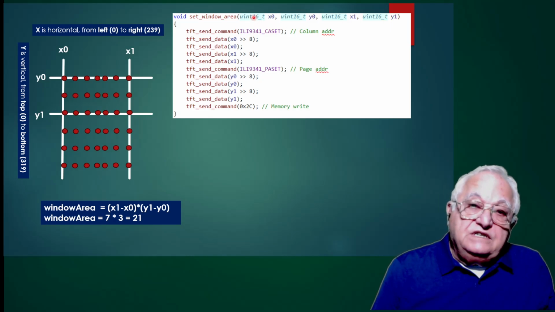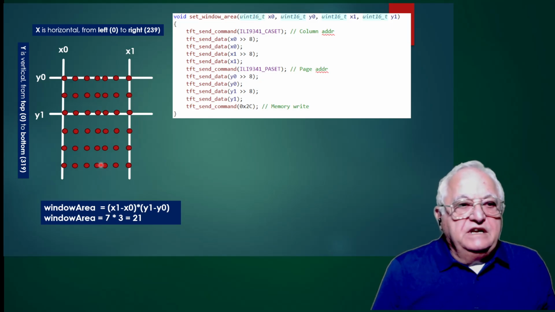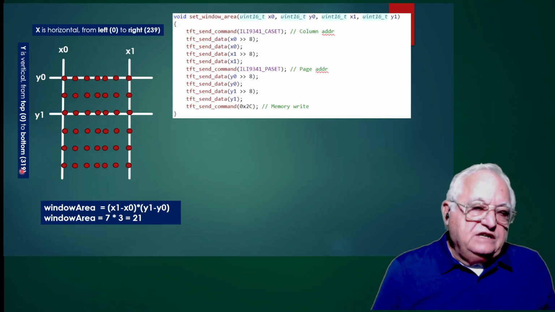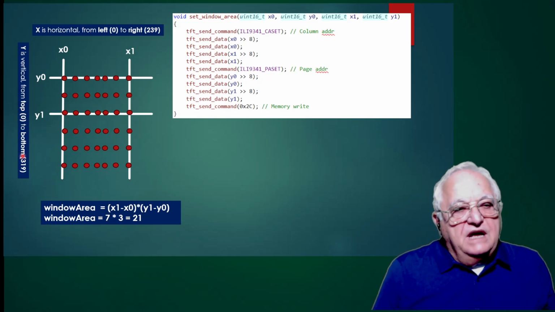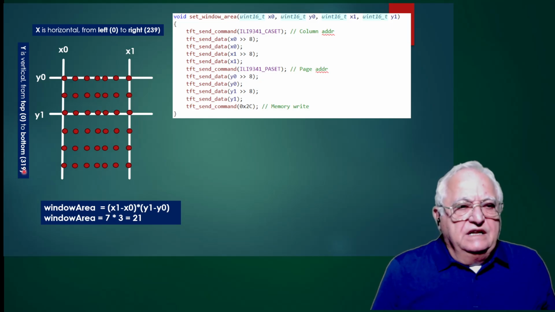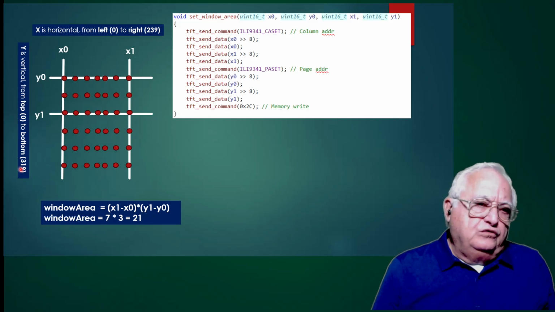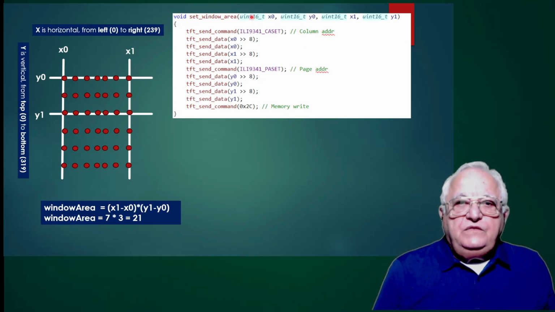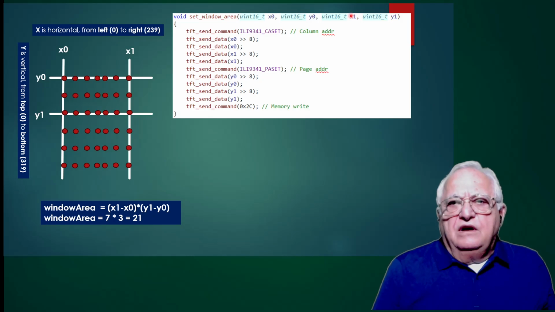The reason these are 16-bit words is because, for example, in this case we have 319. The y can be as large as 319. If I had only 8 bits, then I could only go to 255. So all of them are 16-bit words.